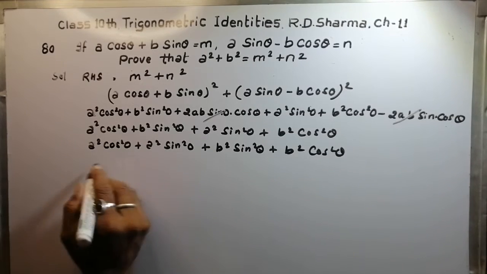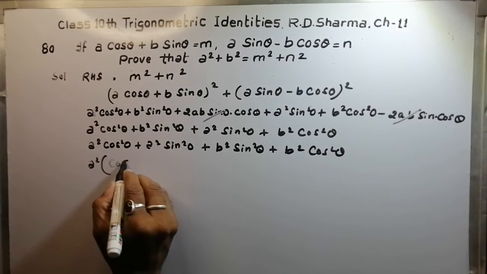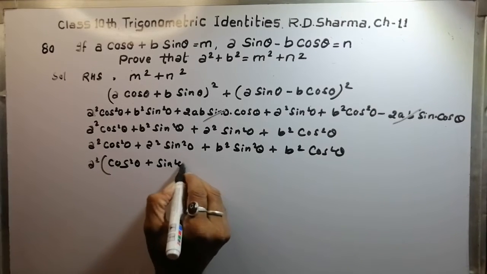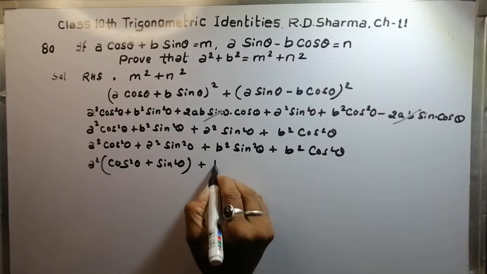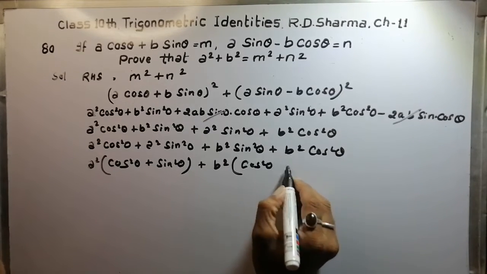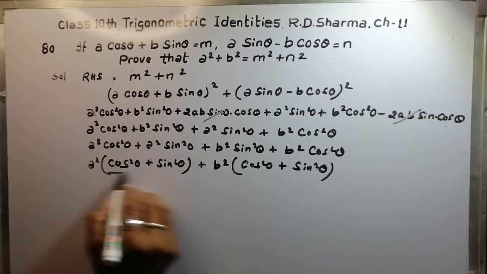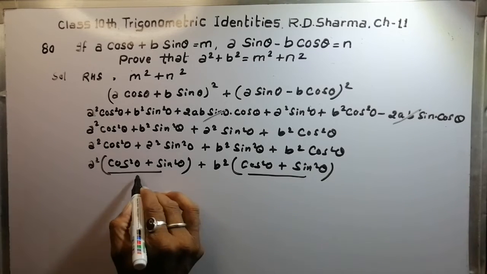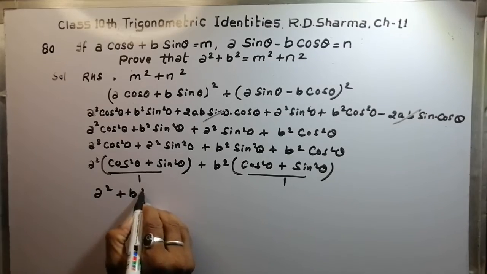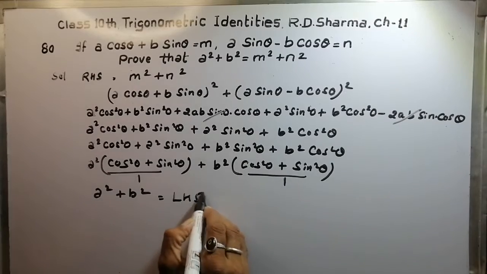After taking common a square, we get here cos square theta plus sin square theta, and after taking common b square, we get here again cos square theta plus sin square theta. The value of cos square theta plus sin square theta is always 1, so we get here a square plus b square. So we get here our left hand side term.